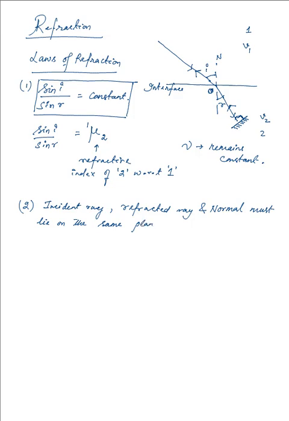Well, this is essentially because the light will take the least path available to it for its propagation, and that is described properly by Fermat's principle, which we'll be dealing with at the degree level. But as of now, at this higher secondary level, what we know of the laws is that they all must lie on the same plane.